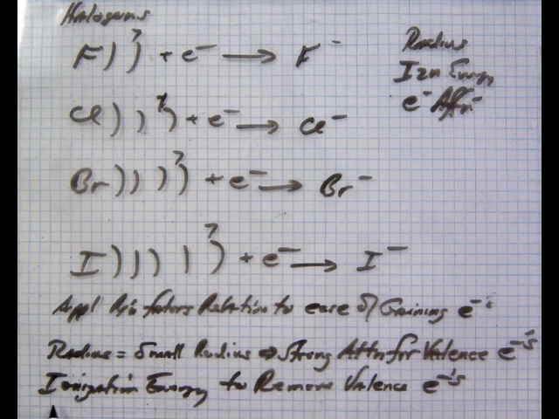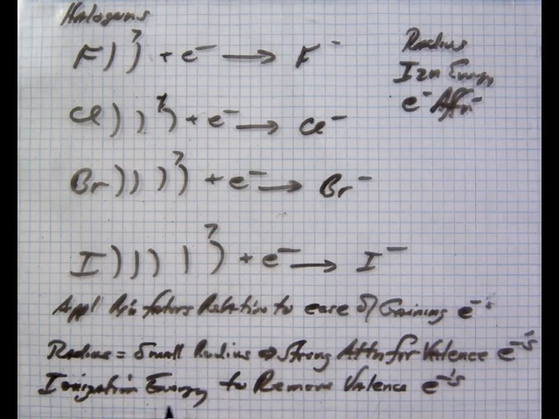Ionization energy to remove valence electrons is very high. So if you wanted to remove 7 electrons, you're going to have to use tons of energy, right? That would make sense. But to gain 1 electron, it'll fall in its orbital very easily. You won't have to give up very much. It'll be easier to gain than lose.